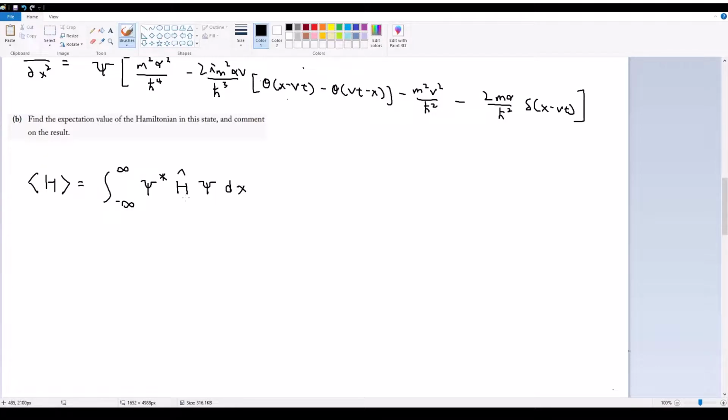And H hat means the integral from negative infinity to infinity of psi star, and the H hat operator looks like negative ħ²/2m times the second partial with respect to x squared, minus α Dirac delta(x − vt) from the potential energy, multiplied by psi. And I close this off with a dx.